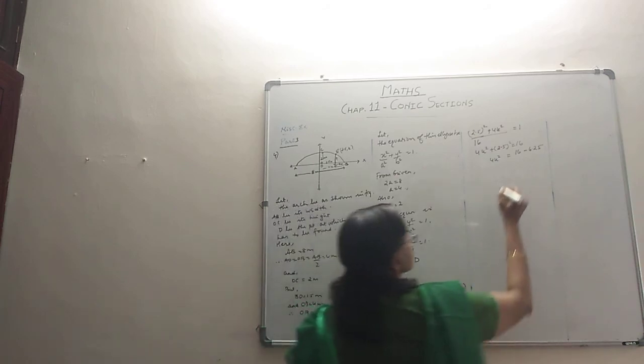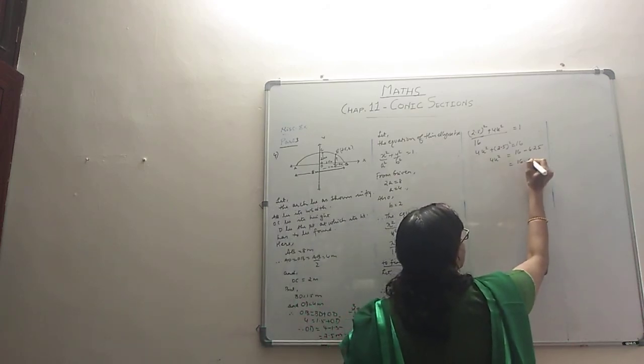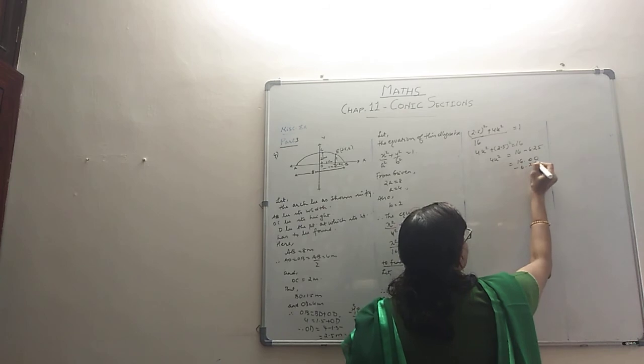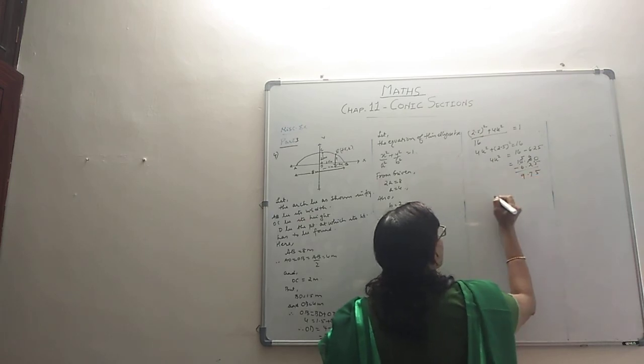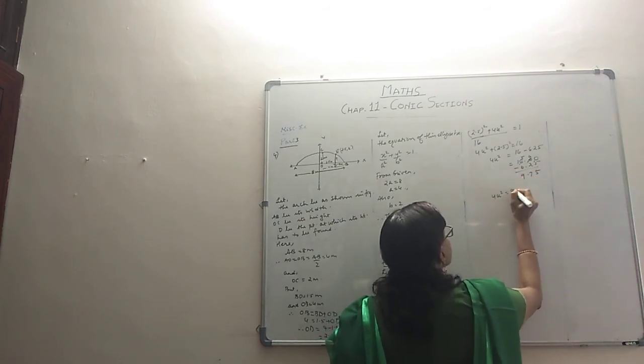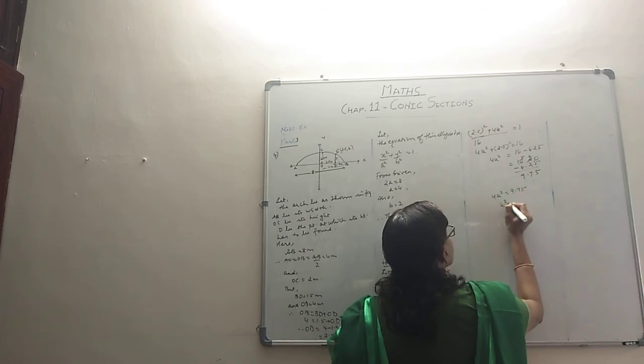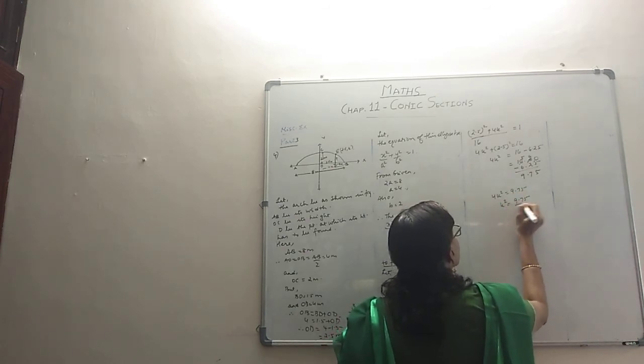How much will 16.00 minus 6.25 come to? It is 9.75. So 4k squared is 9.75, so k squared is 9.75 by 4.